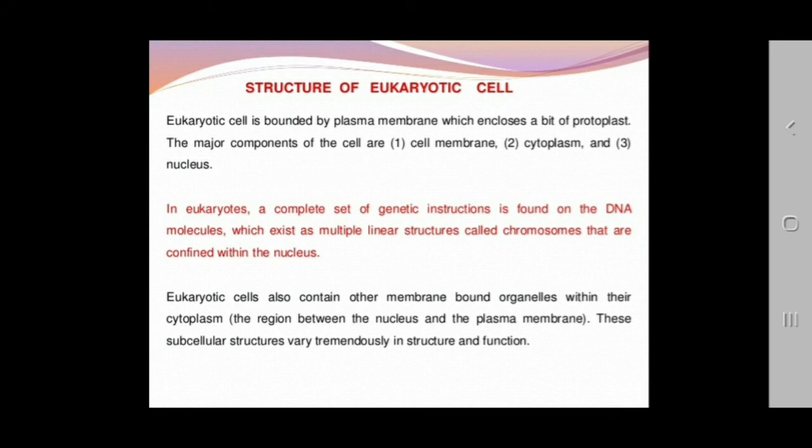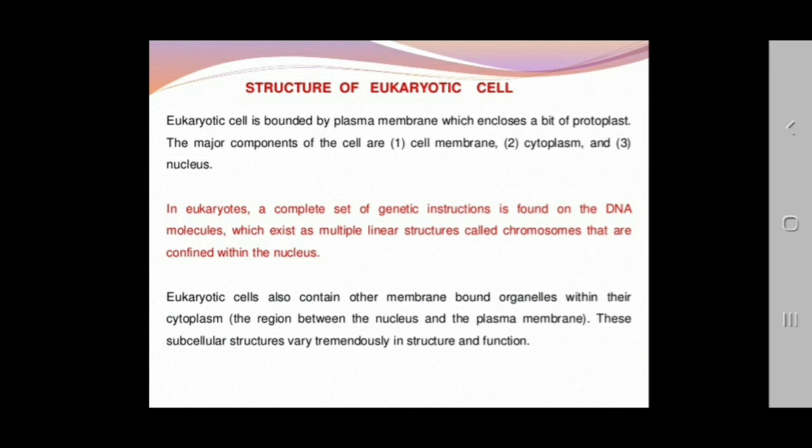Now, in the eukaryotic cell, a complete set of genetic instructions is found in the DNA molecules, which exist as multiple linear structures called chromosomes that are confined within the nucleus, and the nucleus is enclosed by the nuclear membrane.